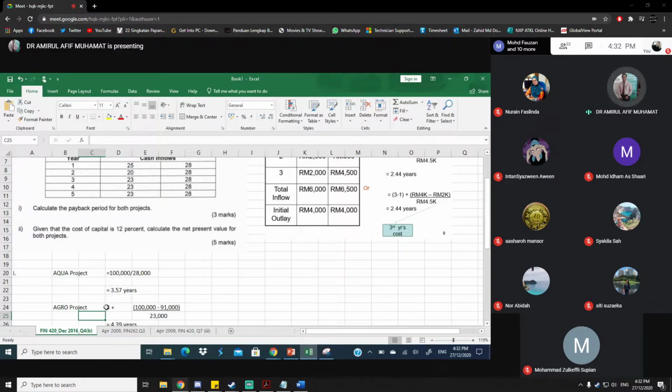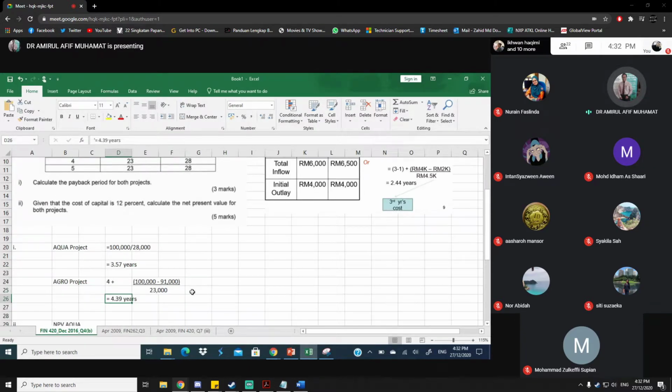So that's why 4 plus 100,000 initial outlay minus the amount of the 4 years, 91,000, divided over the amount of the fifth year. Why the fifth year? Because the fifth year is the year that the company will take some portion from. Then you will get 4.39 years.